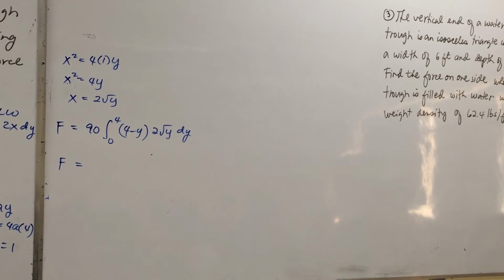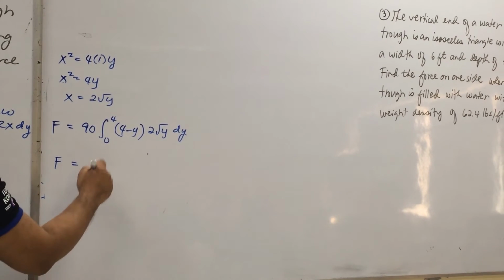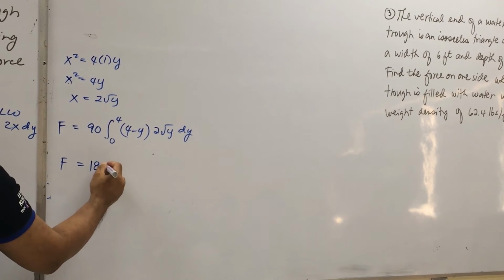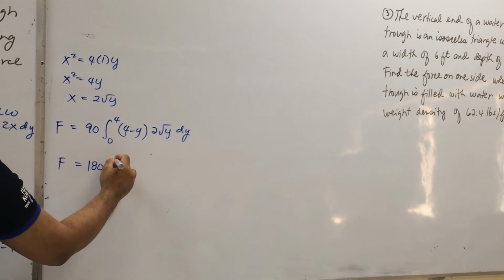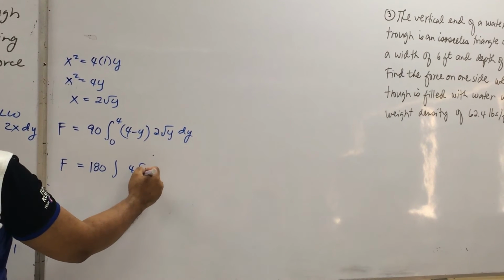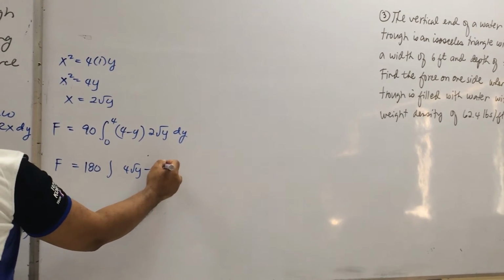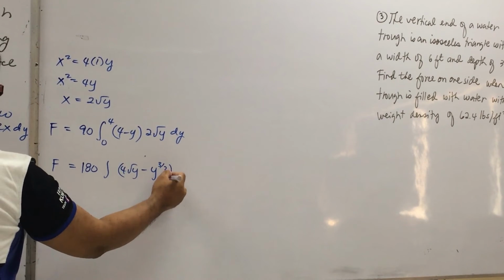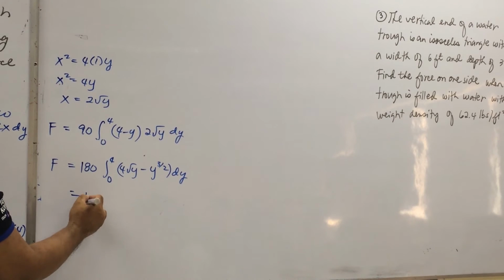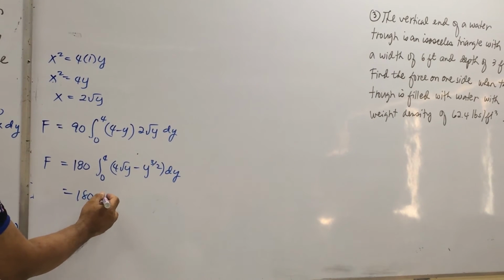Let us simplify first. We have 90 times 2 is 180, then the integral of 4 square root of y minus y raised to 3 halves dy from 0 to 4.